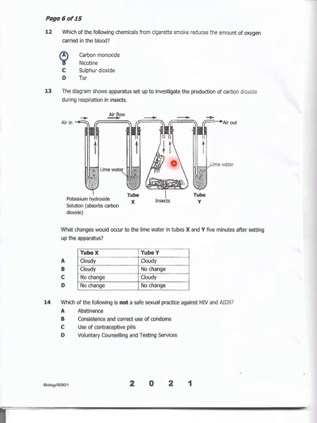So here this is when we have the carbon dioxide going out in this air, in this tube, to test tube Y. So in test tube Y, we will expect this lime water to turn cloudy because the insects here have produced the carbon dioxide, and hence it will turn cloudy.